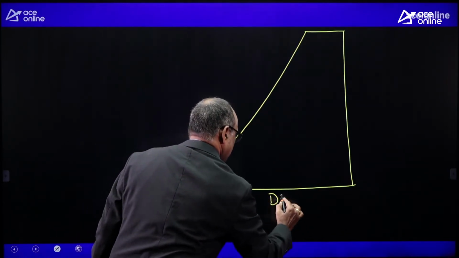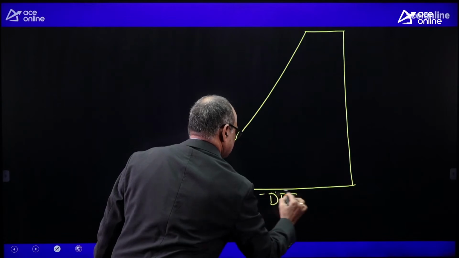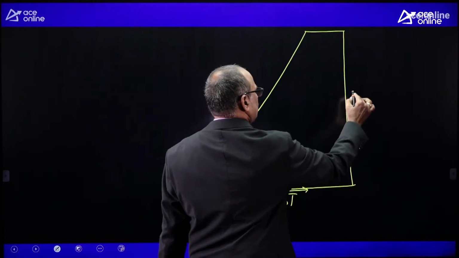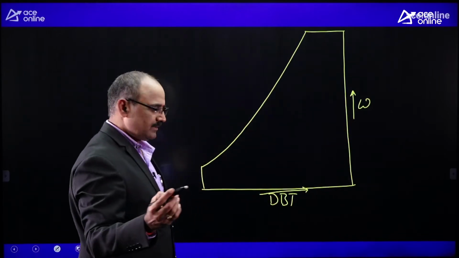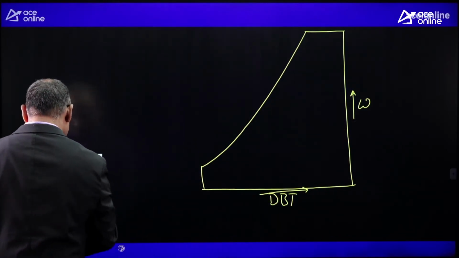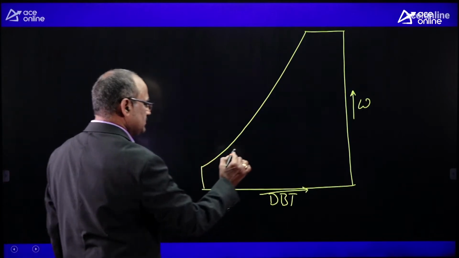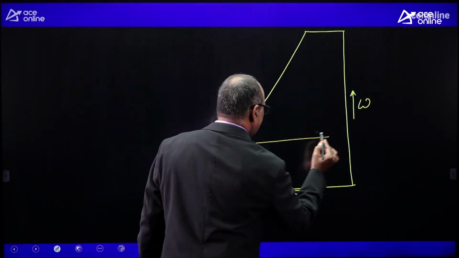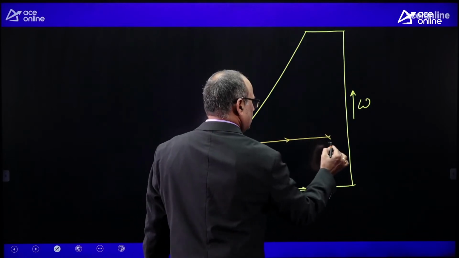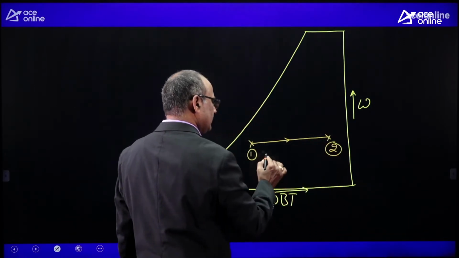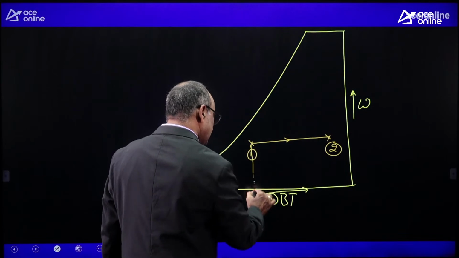This is the dry bulb temperature, specific humidity. Here air is heated. The heating process means sensible heating. The sensible heating process can be marked like this. Because of the sensible heating, the dry bulb temperature is increasing.